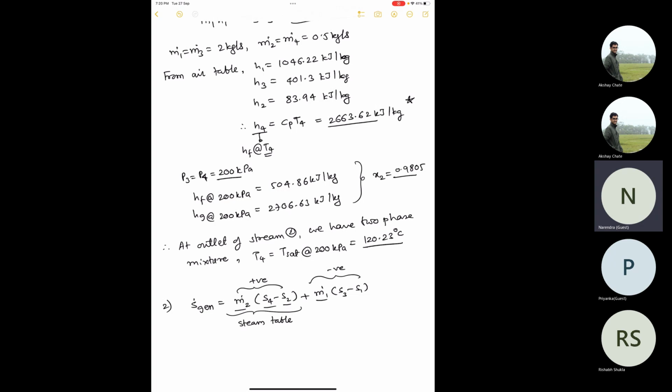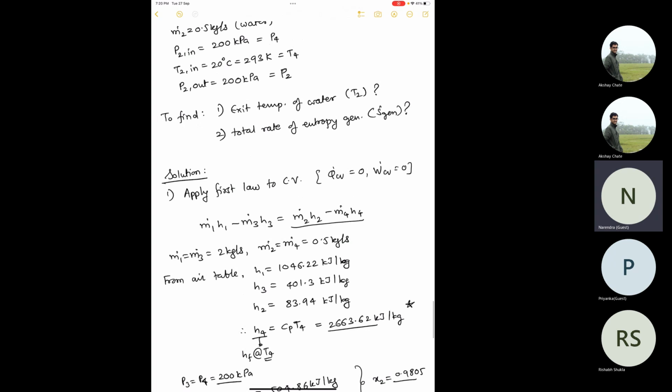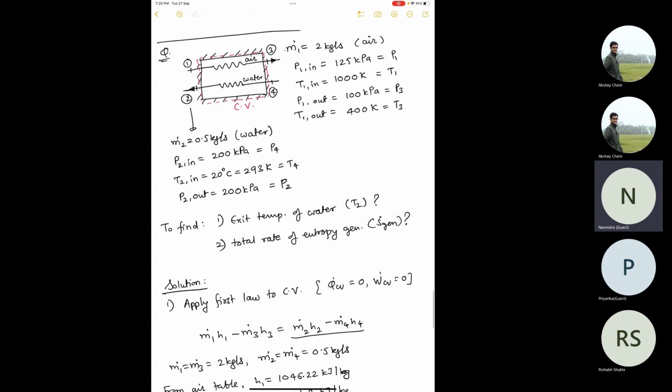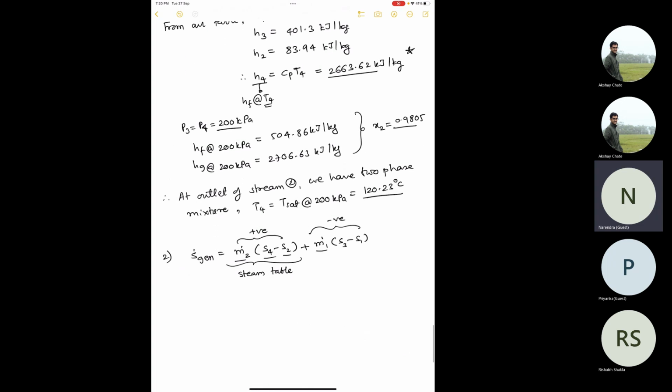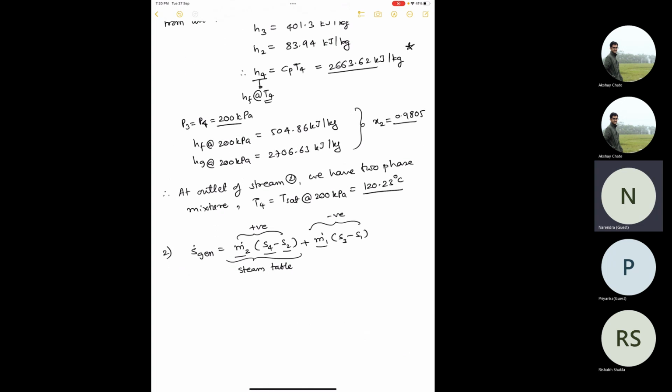For the second part, S3 minus S1, how will you get that? At the outlet of the air stream, pressure and temperature, and at the inlet also pressure and temperature. So you can assume air as an ideal gas and use Cp ln T2 by T1 minus R ln P2 by P1.